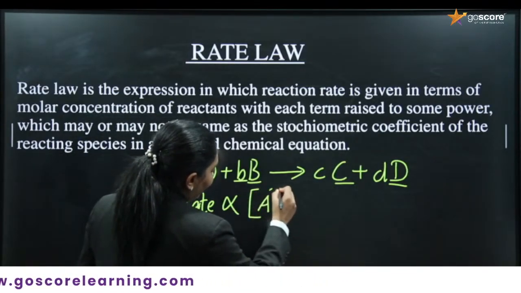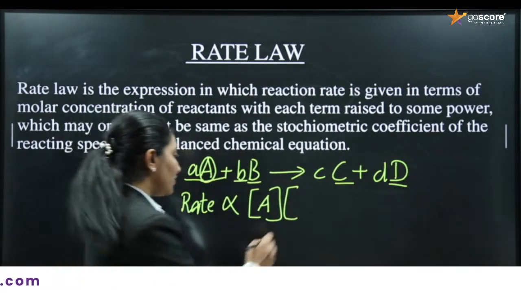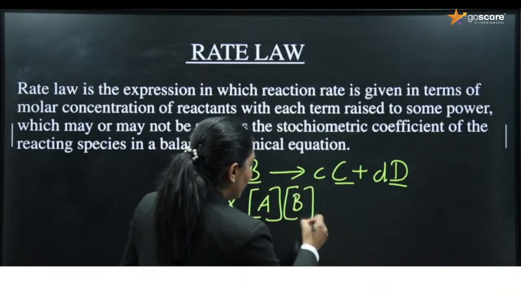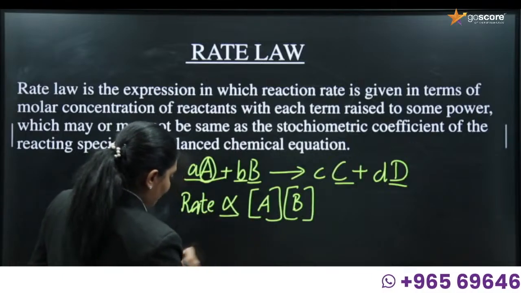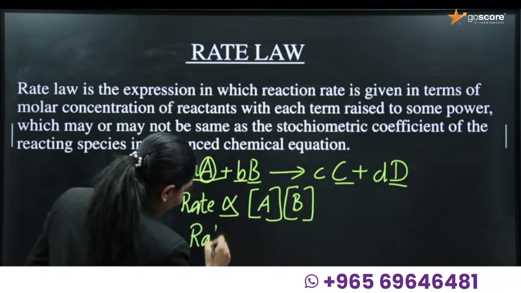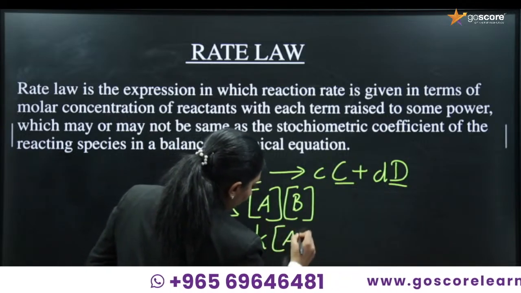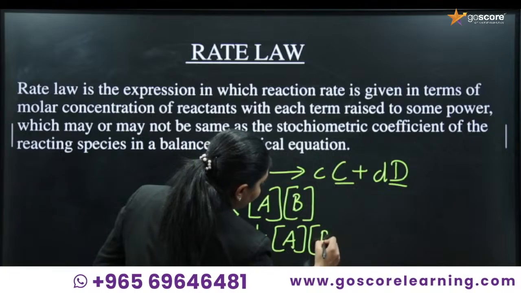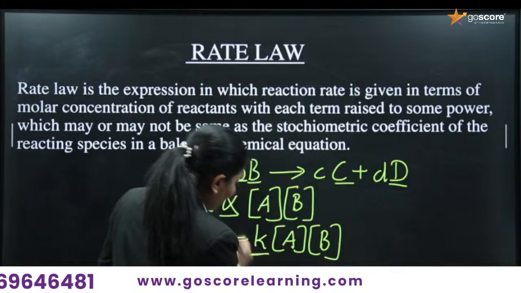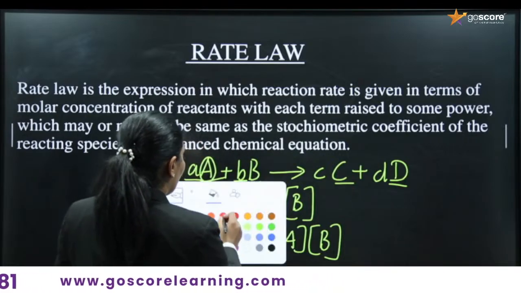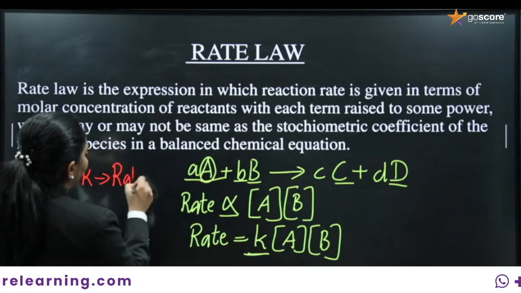Square brackets, right? What are the reactants here? A and B. So, concentration of A and B. Now, we can change this proportionality: rate is equal to k times concentration of A and concentration of B. This k is called the rate constant.